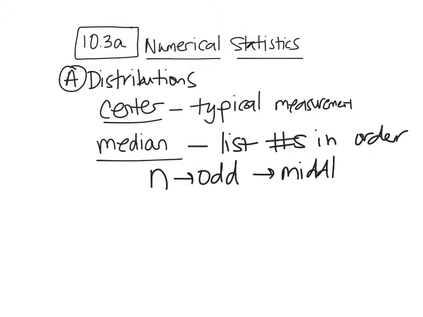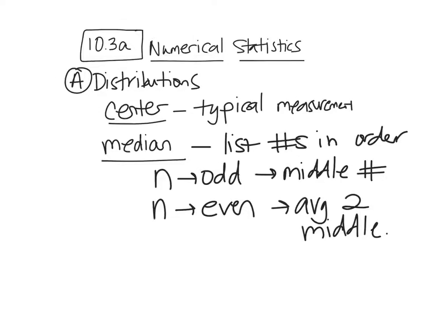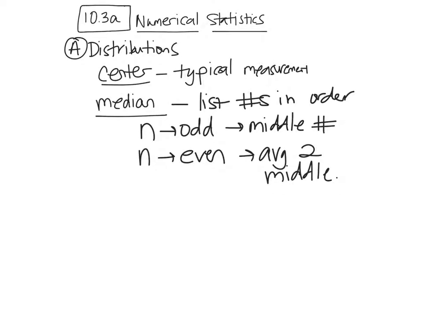If there's an even amount of them, not that the numbers are even, but there's an even amount of them, do you know what to do? Just the mean average. Perfect, yep. You take the average of the 2 middle ones. Okay, and we're going to learn how to do this by hand, and on our calculator too. So, let's start and do a median problem.